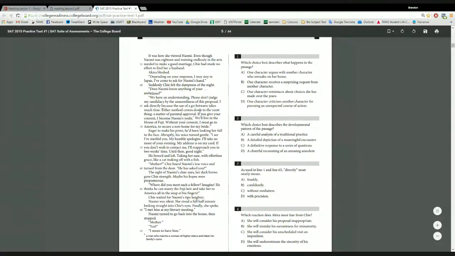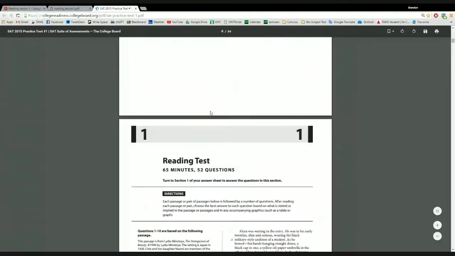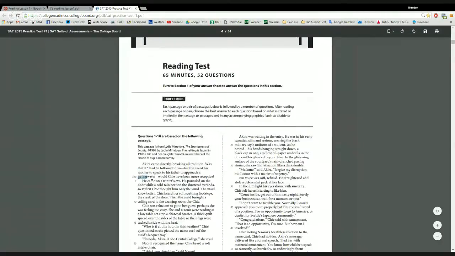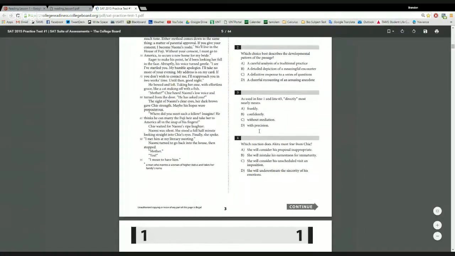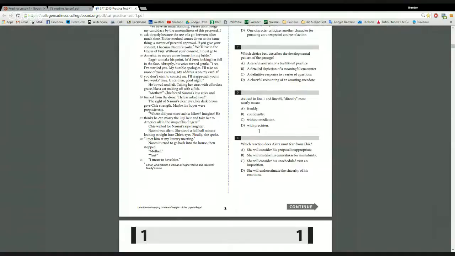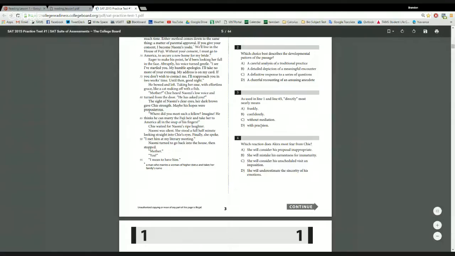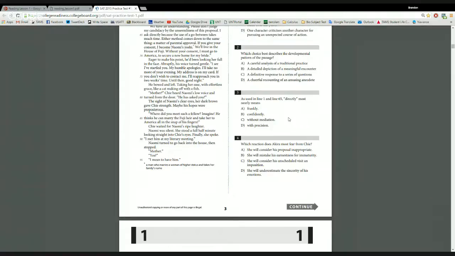As you can see, it was a go-between. Now, go-between is probably meaning to overcome something, skipping a step, most likely. So what most likely fits that? Not confidently, not frankly, not with precision, but with mediation, without mediation, which means to skip a step, and yeah. Okay.